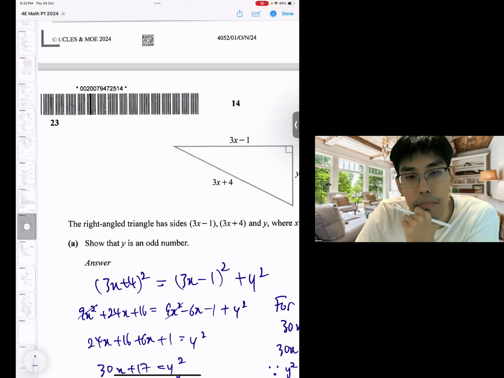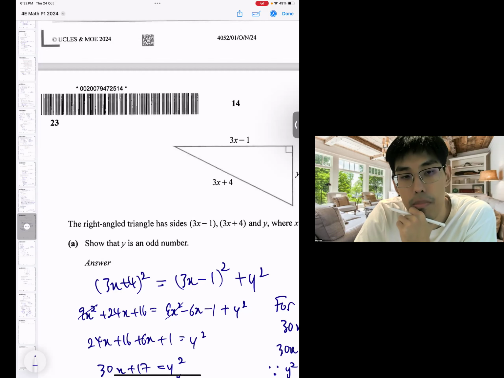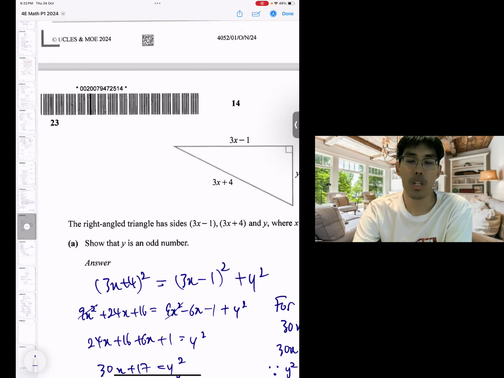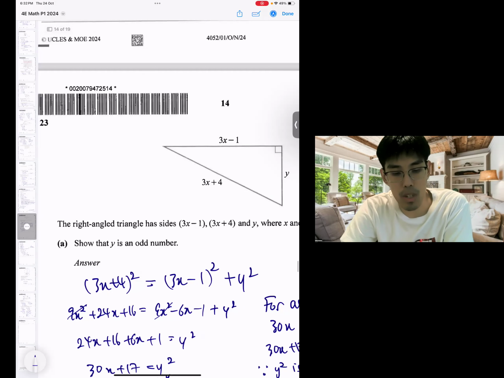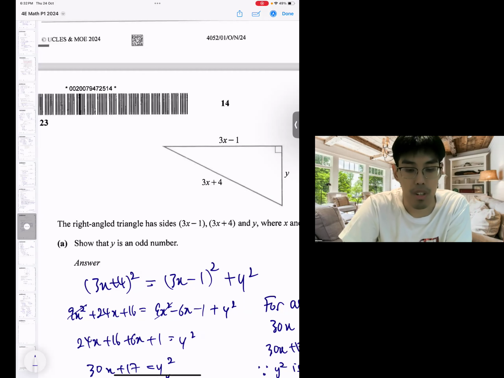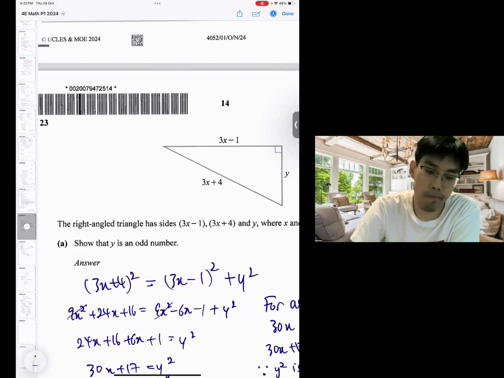3x plus 4. So the minimum value is 7. 7 and 2. And it can go outwards from there. So it might be an even number too. So we don't know. I want to go back to the 3x plus 4 to solve.